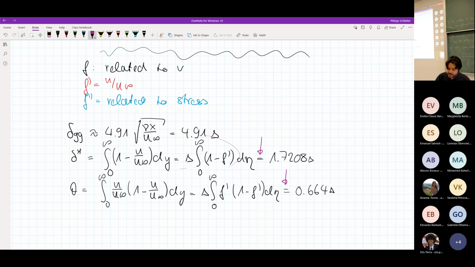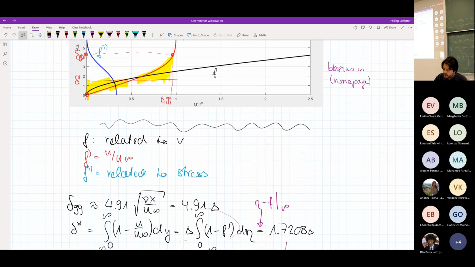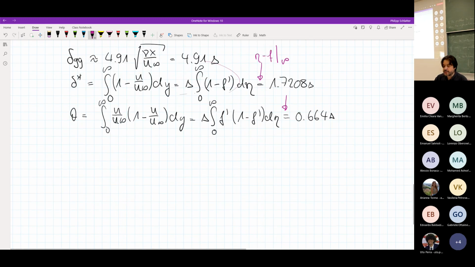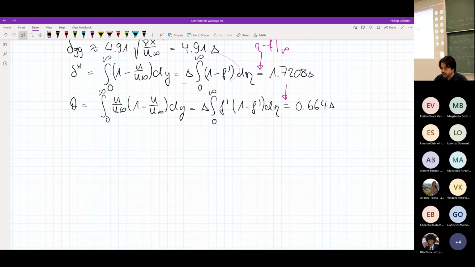If I do that properly, I will get as a result eta minus f evaluated at infinity. So that would actually be this value. So in the end, this 1.728 will be the difference of f and eta. Eta would just be kind of a straight line. And in the MATLAB code, this is actually done in both ways, so you can see that.